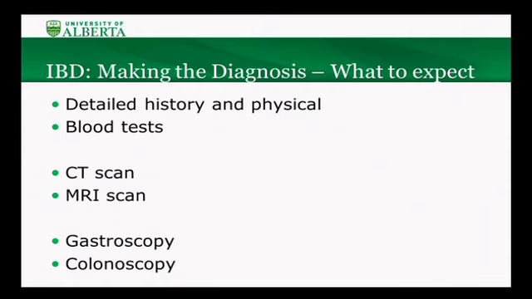Well, something called a CT scan, a CAT scan. That's a computerized X-ray of the intestine. You'll be asked to drink some fluid. You'll be asked to lay on an X-ray machine, and you'll get these X-rays taken, which will help determine if there's inflammation in the body, if there's inflammation in the lining of that intestine.